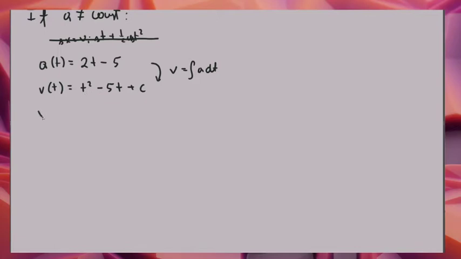Further, you can move on and get an expression for the position as a function of time. And so this would become... Well, I have c as a constant that carries over from the previous equation, but then I also end up with another constant. So let me label this c1, and then c2 is another constant.